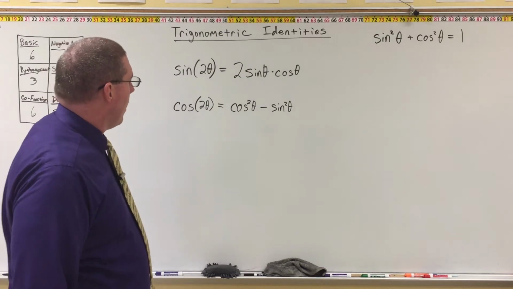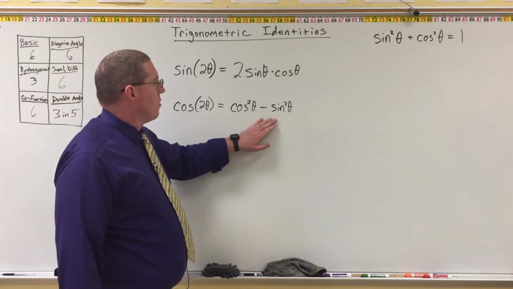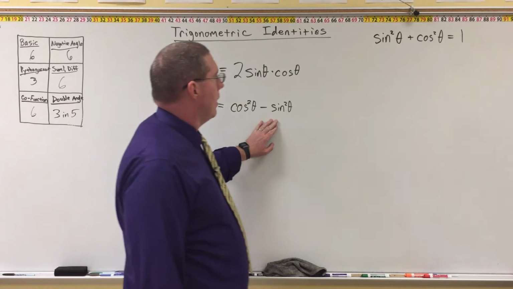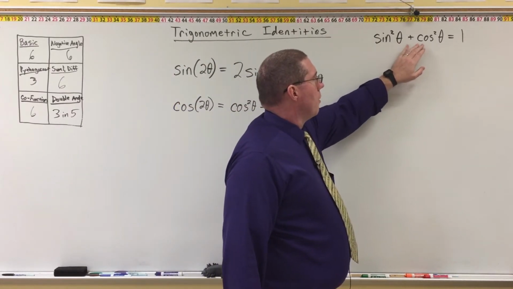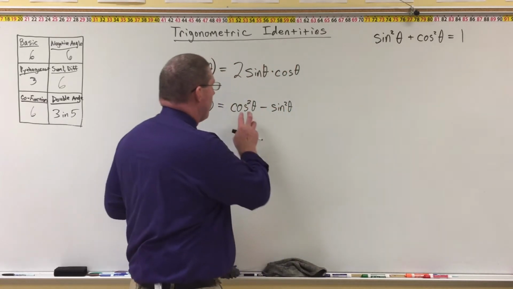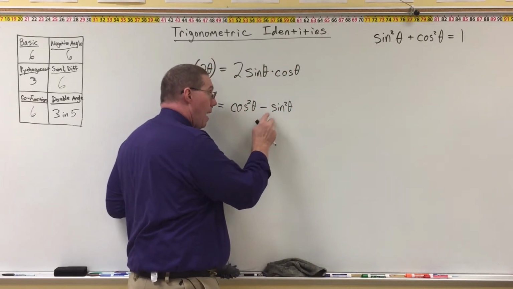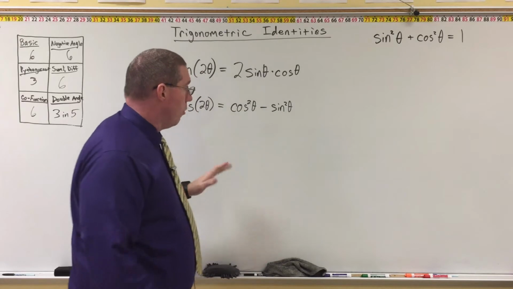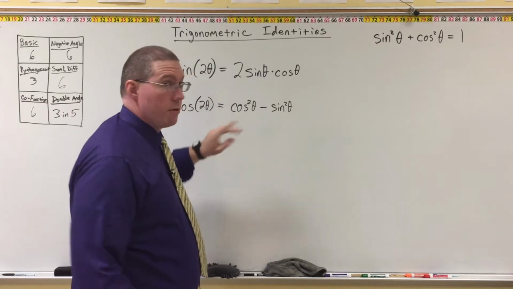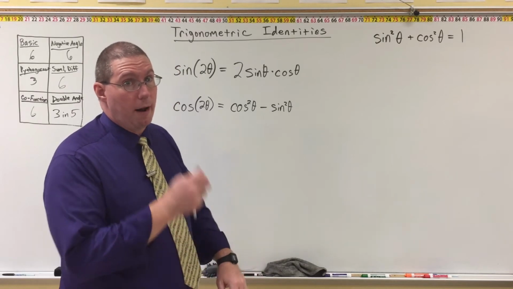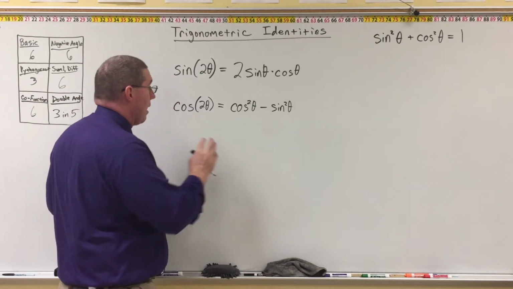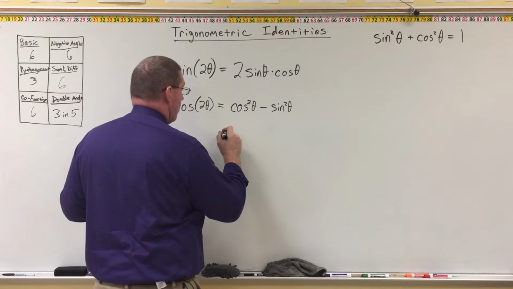Now don't mix this up with the Pythagorean identity, okay? This is not one of them squared plus the other one squared. This is cosine squared minus sine squared. Also, don't mix it up, it's not sine squared minus cosine squared. Subtraction is not commutative. You can't just flip it around. It doesn't work that way, okay? It has to be cosine squared minus sine squared, okay?